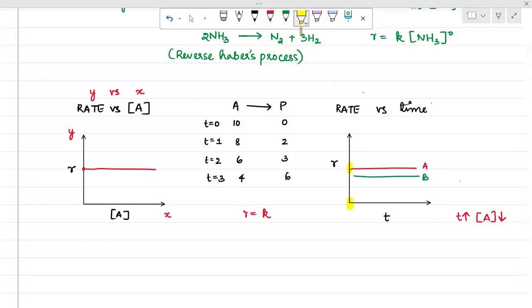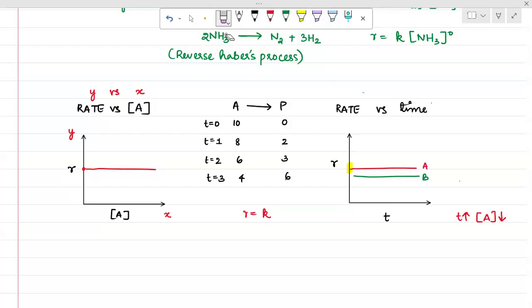At t is equal to 0, my reaction will not start. So if my reaction does not start, I won't have a rate.